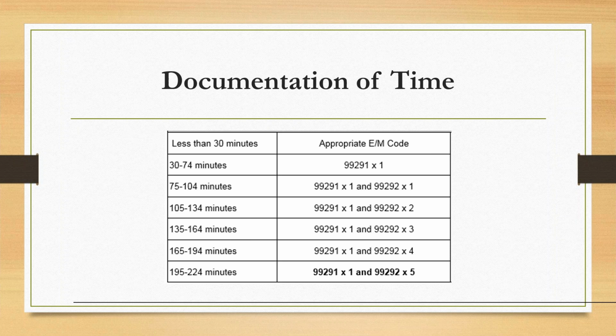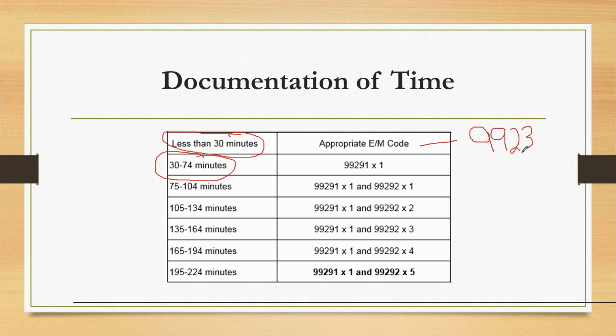Now, I want you to remember 99233 because there's going to be times when your doctor might go to the ICU to see a patient and they don't spend the required minimum amount of time of 30 minutes. So when it says less than 30 minutes, that's when I like to go with the 99233.